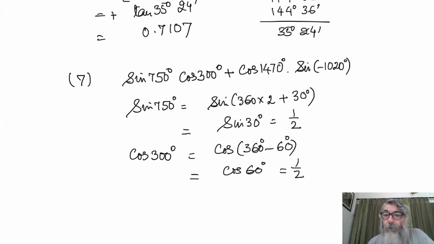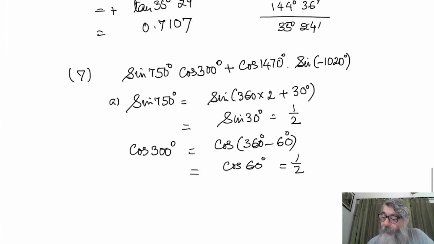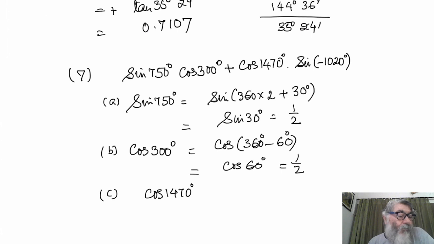Now let's calculate C, which is cos 1470. 360 into 4 is 1440. 360 into 2 is 720, and 720 plus 720 is 1440, plus 30 degree.